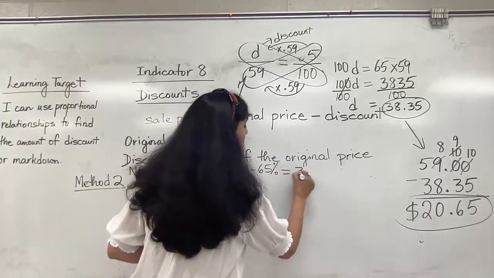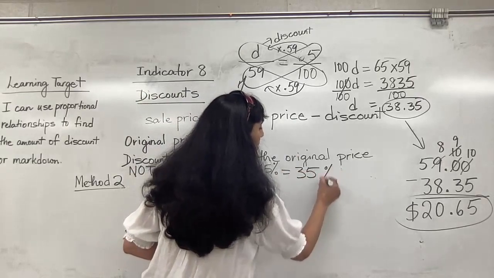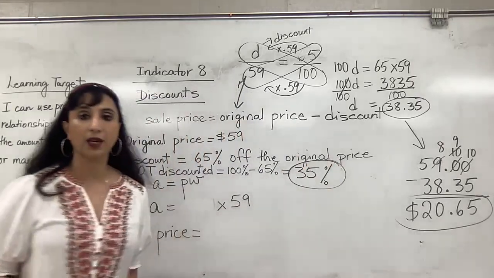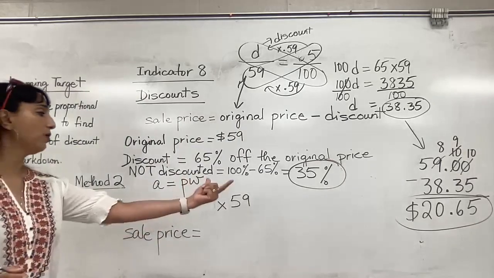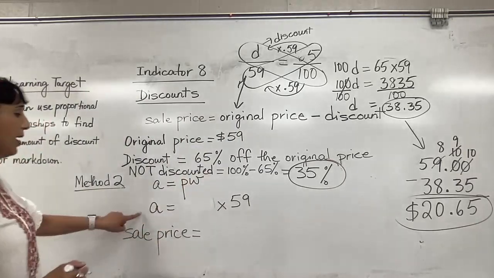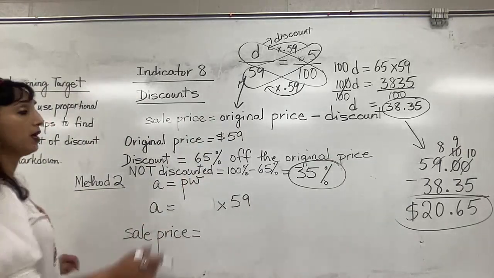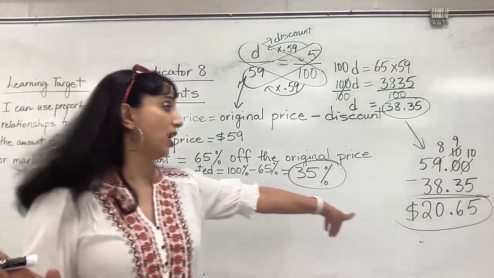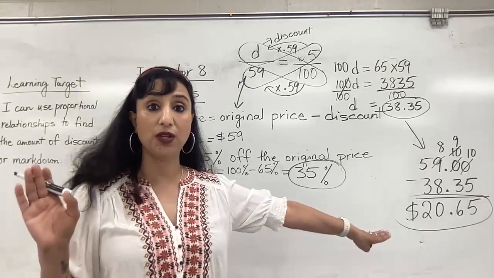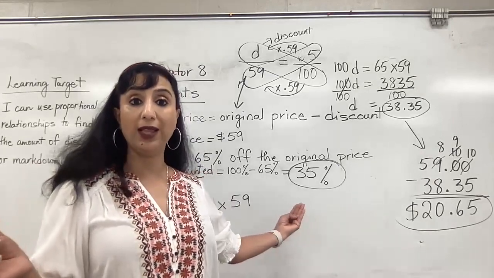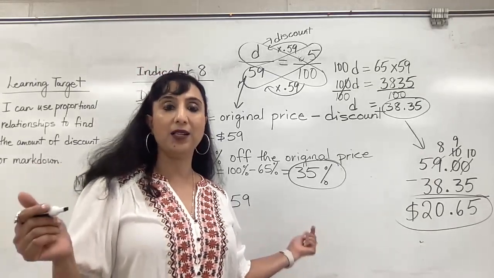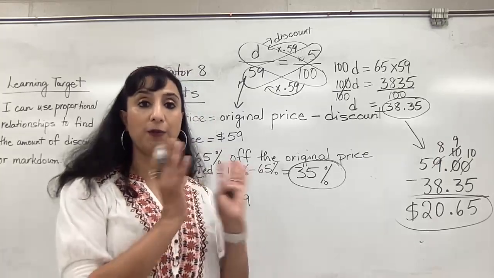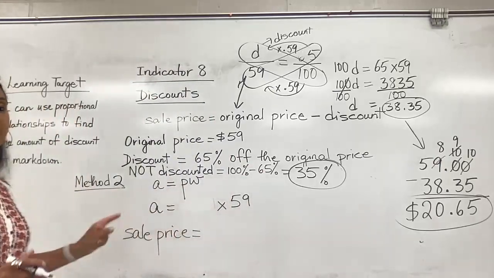So the amount that is not discounted is 35%. Okay. So if I do this to find this part, all I have to do now straight up, I will get into the actual value, which is $20.65. I'm going to go directly to that with subtracting the discounted amount from the 100%. So to get the not discounted amount.